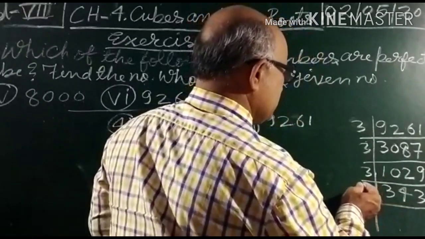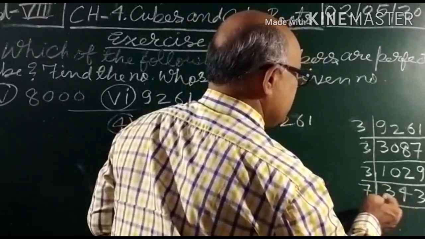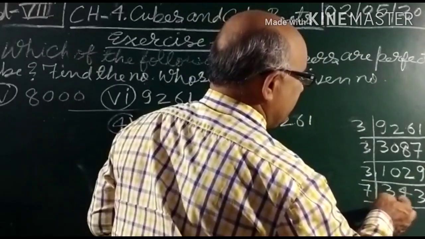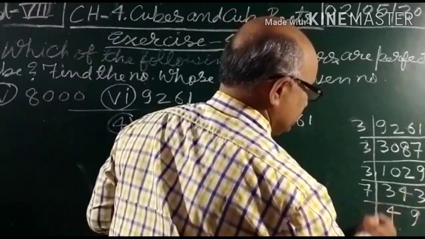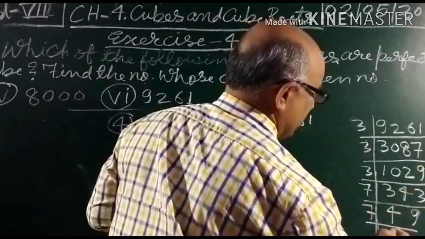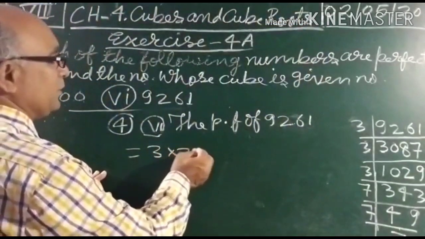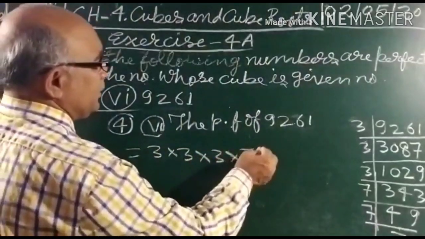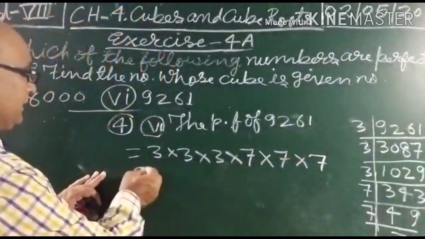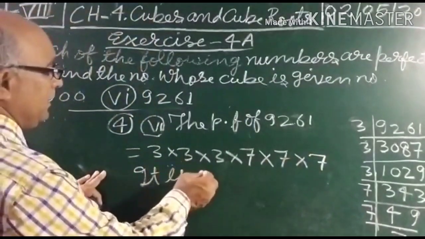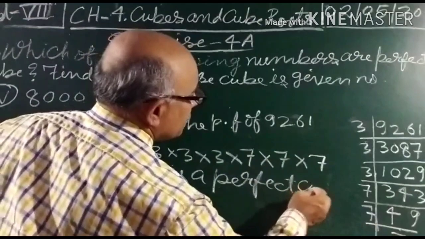Now 7 times: 7 fours are 28 and 6 is 63, 7 nines are 63. So again 7 times, 7 sevens are 49. Write the PF: 3 into 3 into 3 into 7 into 7 into 7. It is a perfect cube.